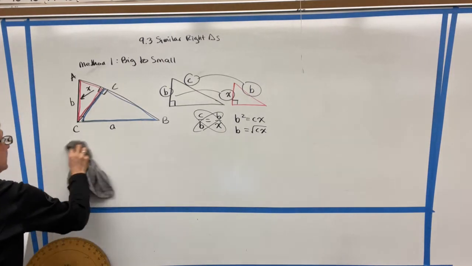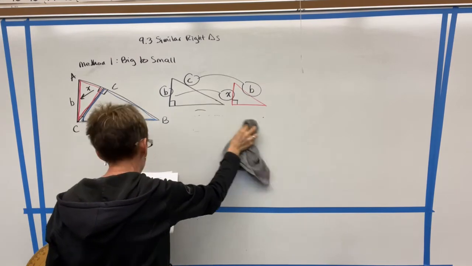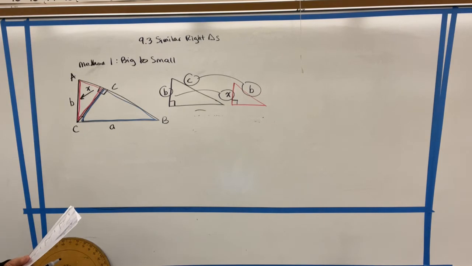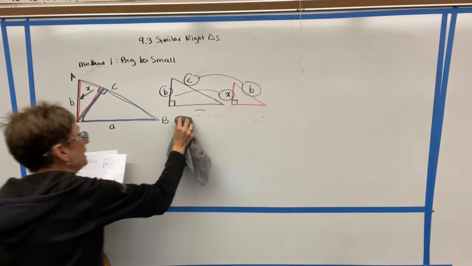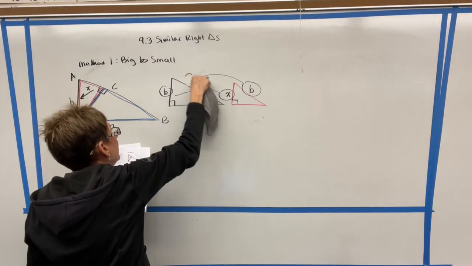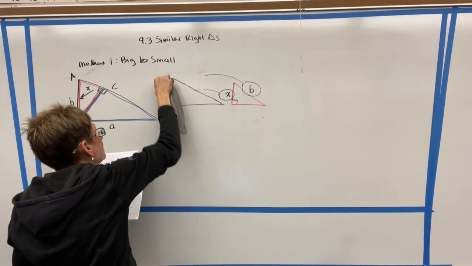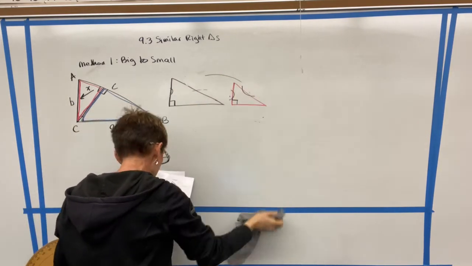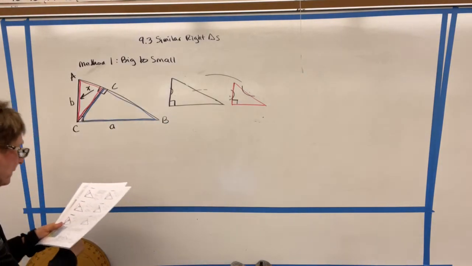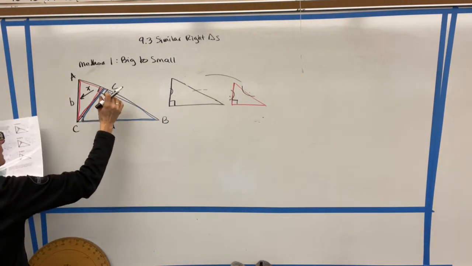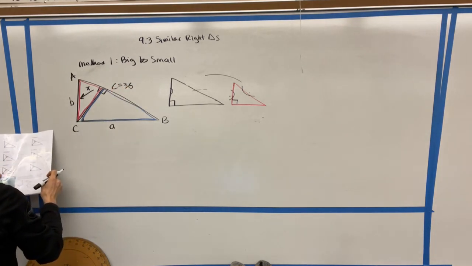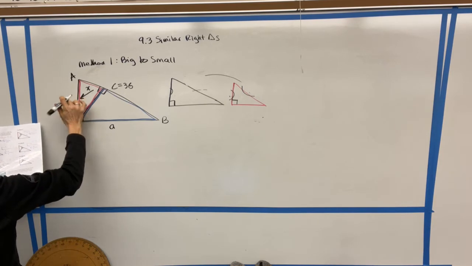If you'd like, you can keep the triangles, but we're just going to put specific numbers in so that it makes a little more sense. Let's assume that we have a large triangle here, and we're going to call this length 36, and then we'll call this our unknown right here.